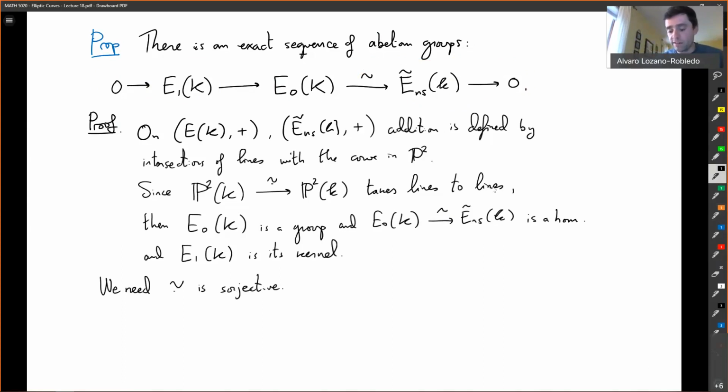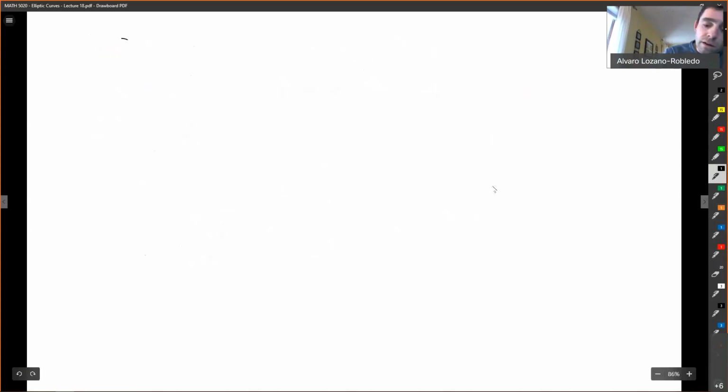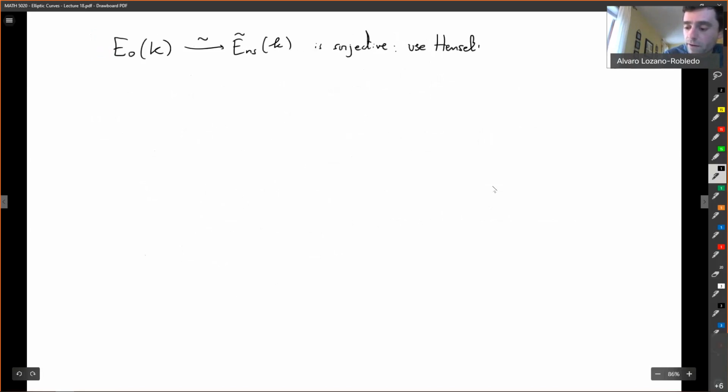We're going to use Hensel's lemma to build a pre-image of a point, proving that the map to the non-singular reduction is surjective.